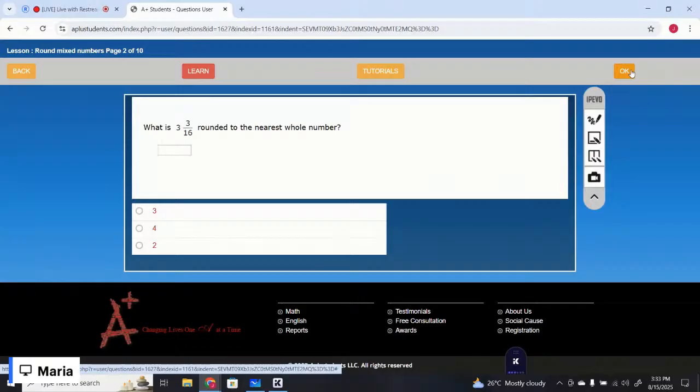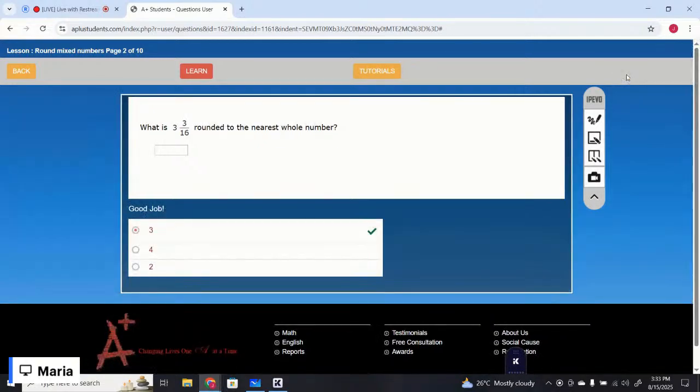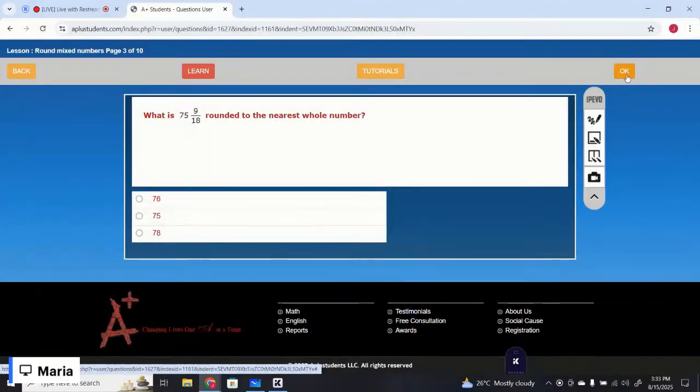3 whole 3 by 16. 3 by 16 is less than half. So you need to round to the same whole number. That is 3. 75 whole 9 by 18. So 9 by 18 is equal to half, right?